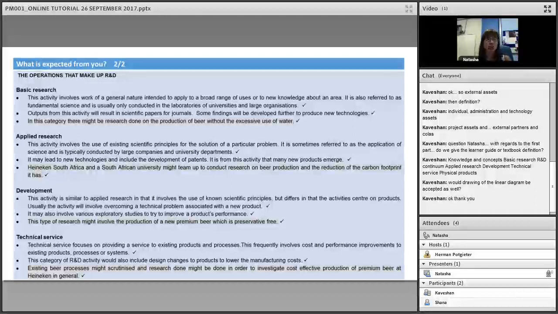You need to provide me with theory for each of these activities, and you need to provide me with practical application based on the case study given. And you need to be creative.